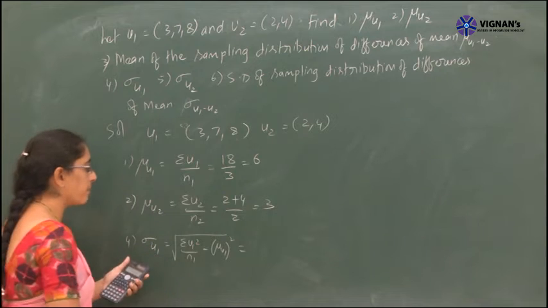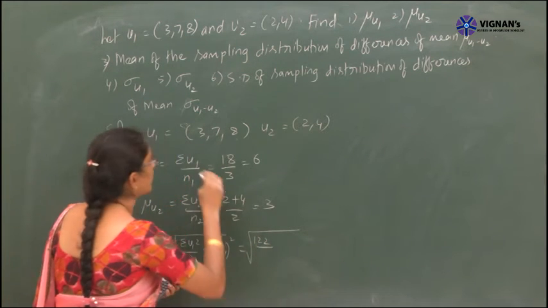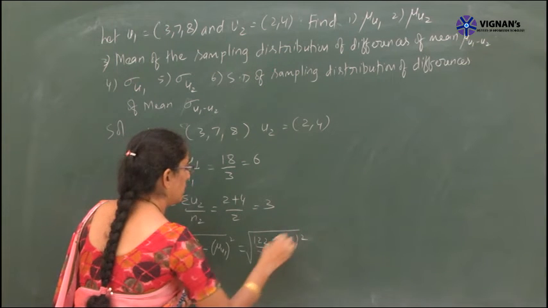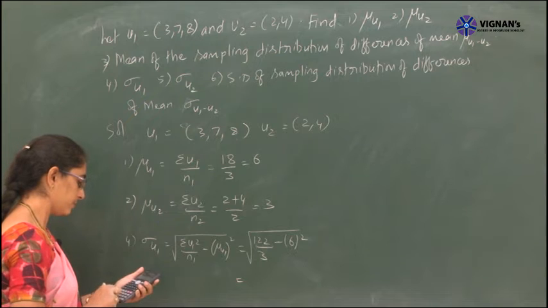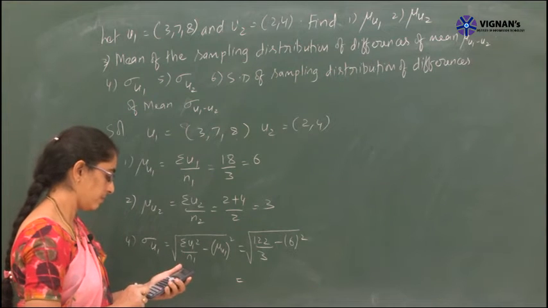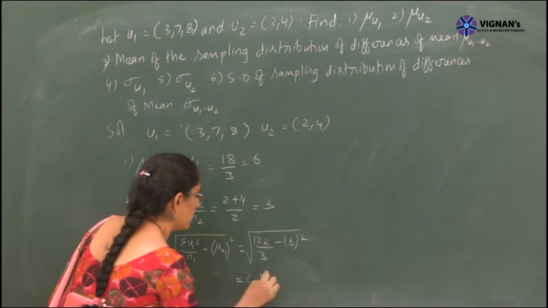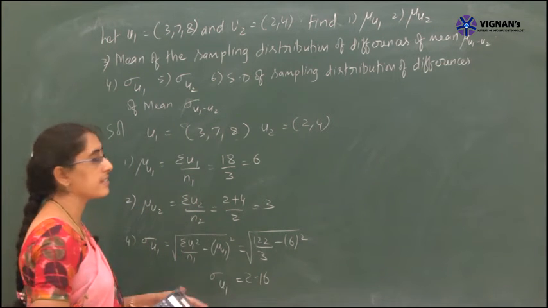So that is 122 divided by 3 elements minus 6 square. So it is given by the value 2.16. So sigma U1 is 2.16.